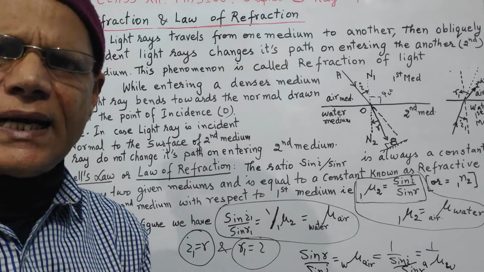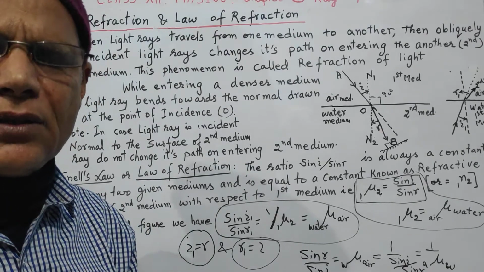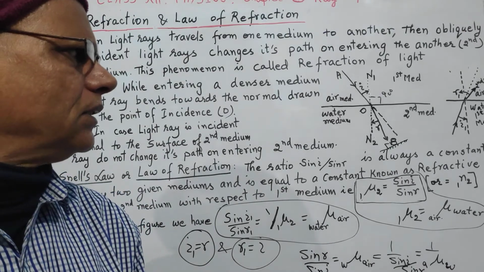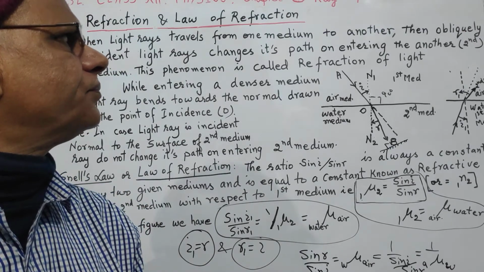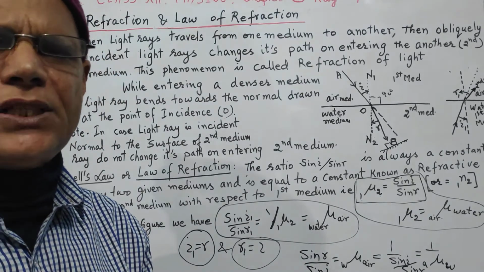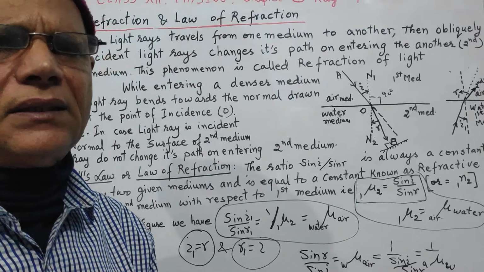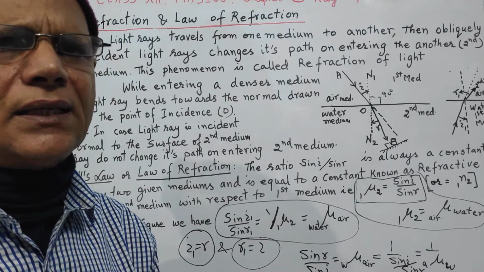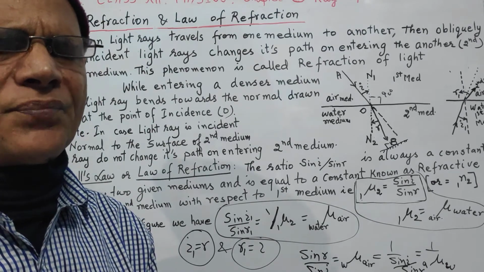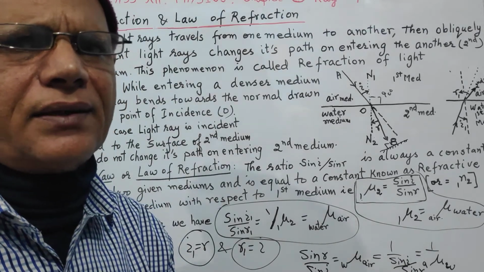Now we can have one question about the laws of reflection and another question about the law for refraction. In the case of reflection of light, we have learned that the incident ray, reflected ray and normal all lie in the same plane, and also the angle of incidence is always equal to the angle of reflection.